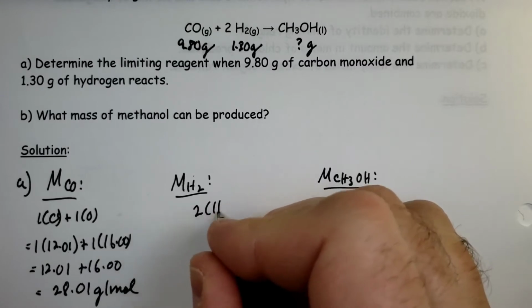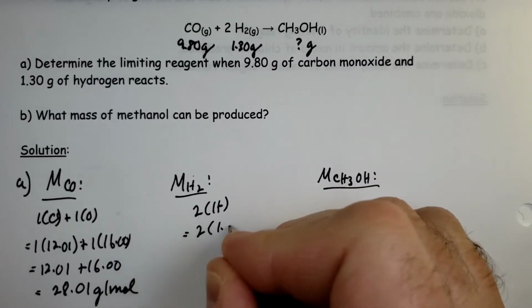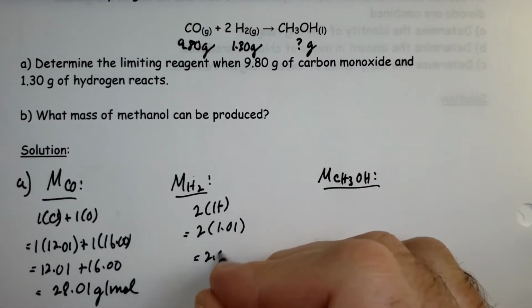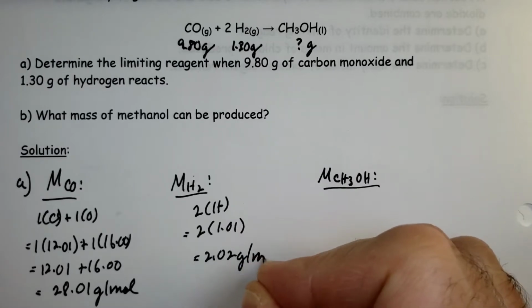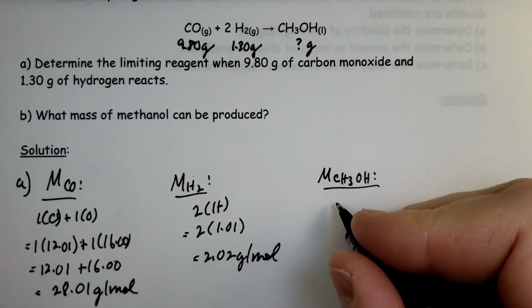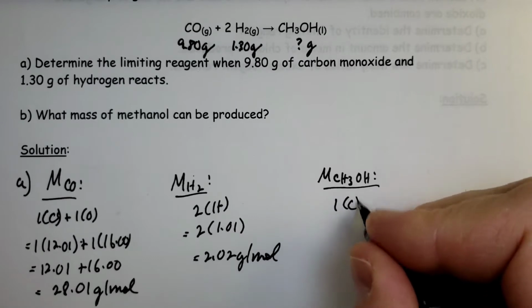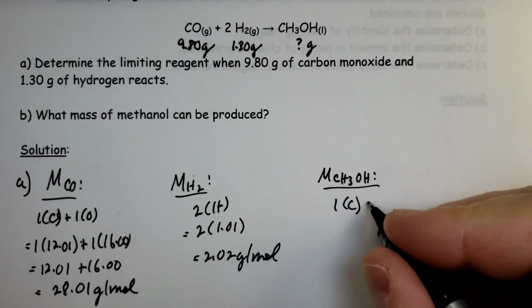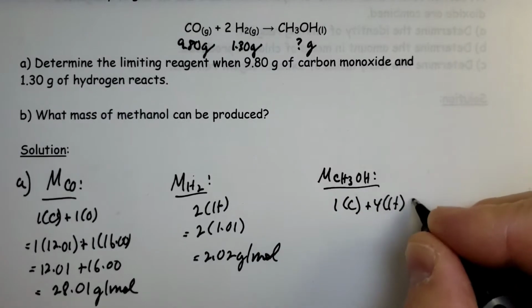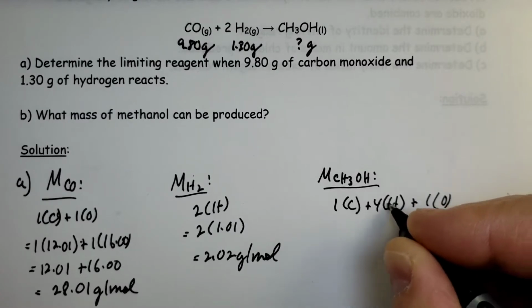Hydrogen, 2 hydrogens, each of those is 1.01, so 2.02. For methanol, 1 carbon, 3 plus 1 is 4 hydrogens, 1 oxygen.